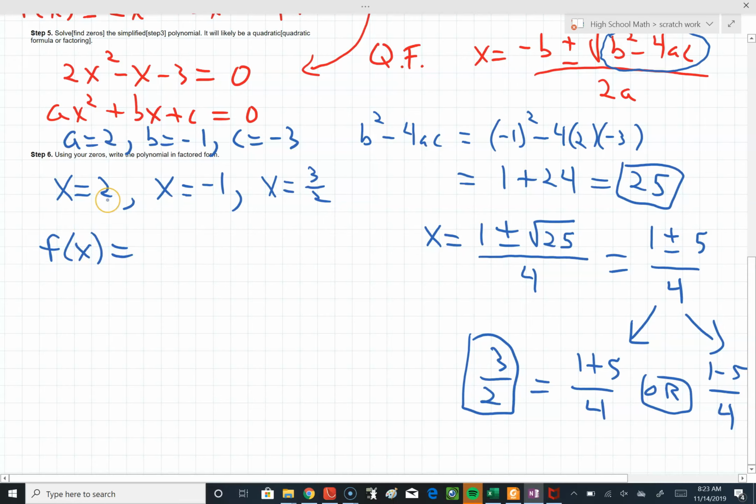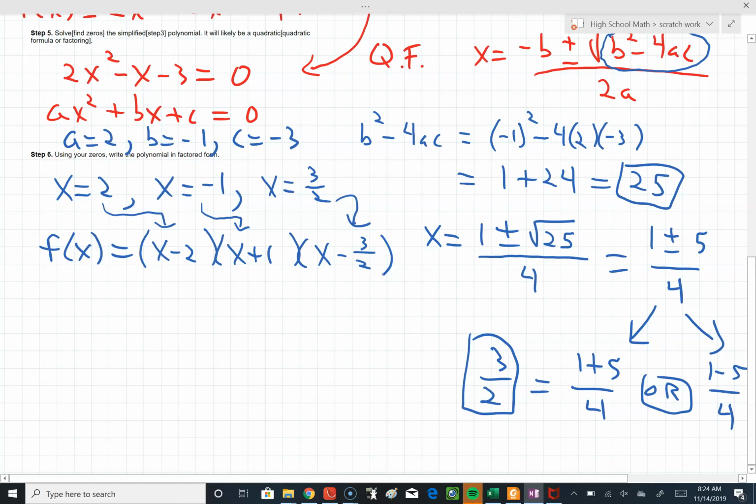If the zero is x equals 2, what is the factor? Very good. If the zero is x equals negative 1, what is the factor? Good. This one will be x minus 3 over 2.